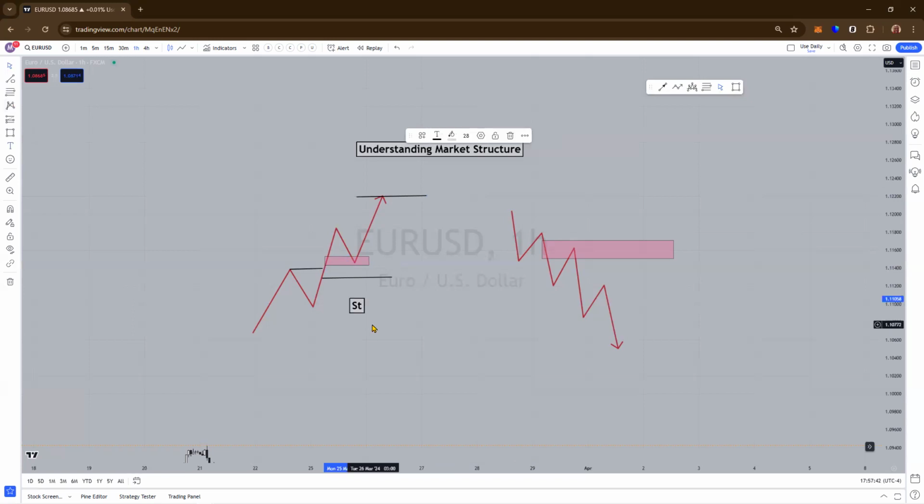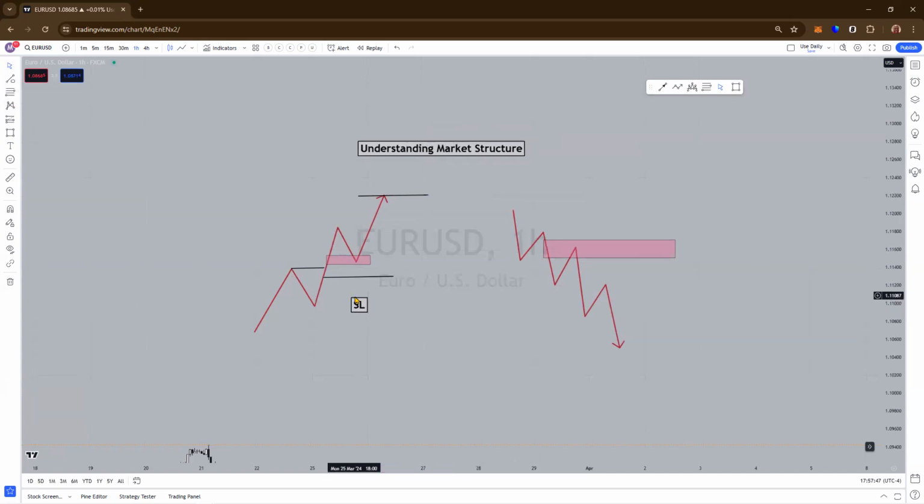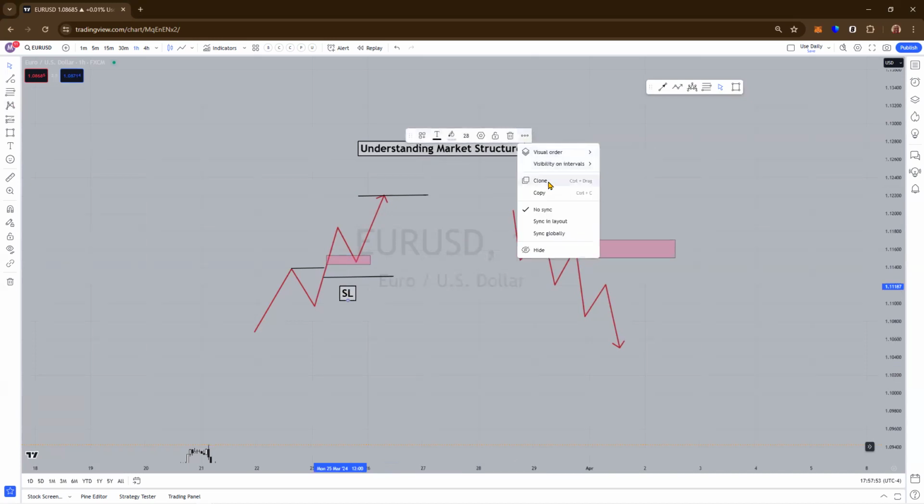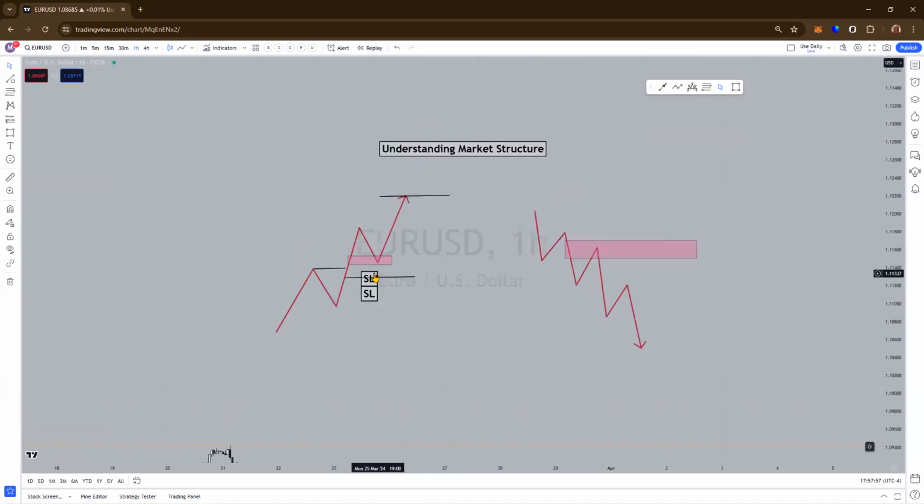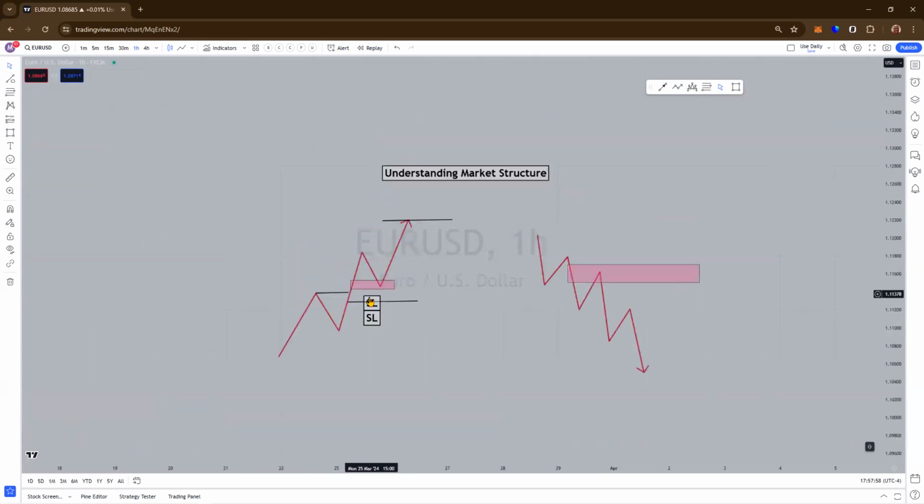Stop loss, we put SL, stop loss, going to be below your order. And your TP, TP will be there, stop loss will be there.